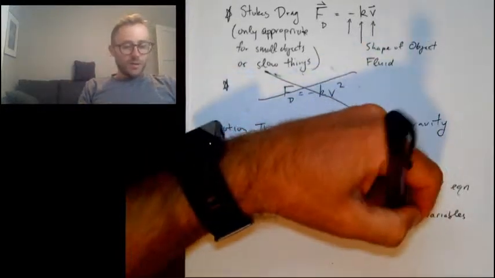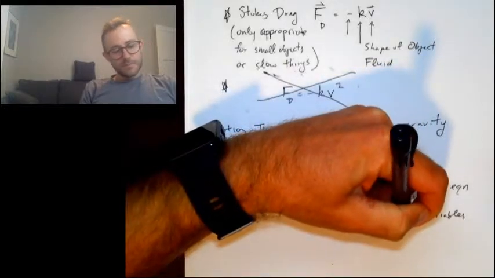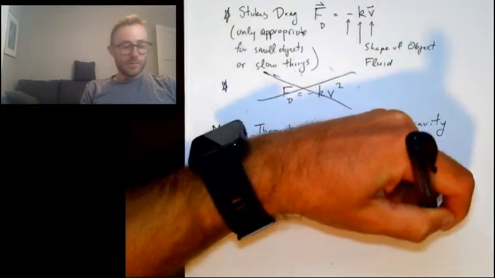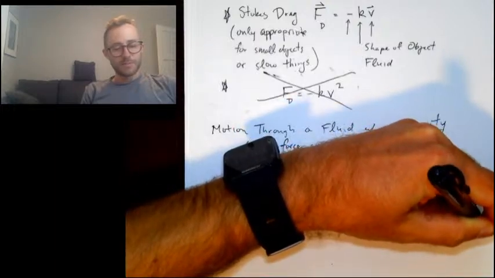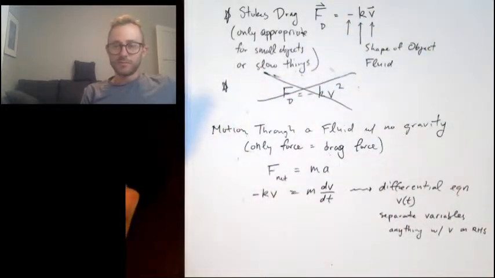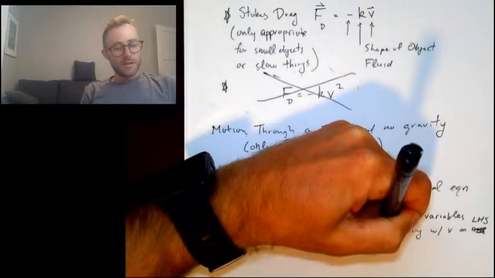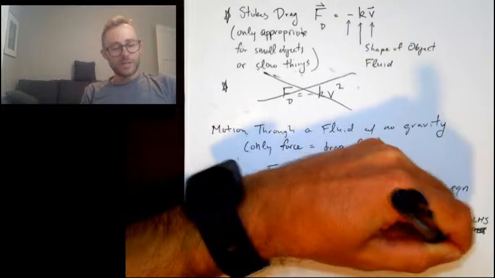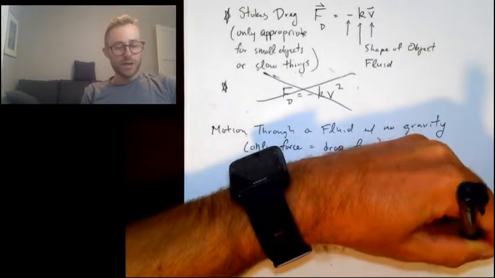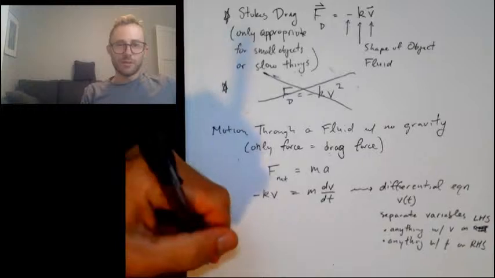What does that mean? We're going to have anything with v on the left-hand side of the equation, anything with t on the right-hand side, and the constants, it doesn't really matter.